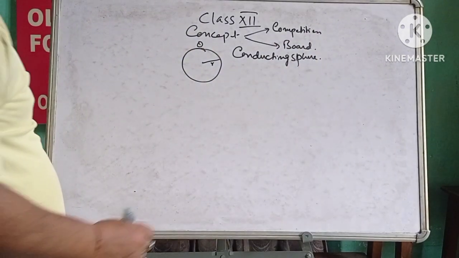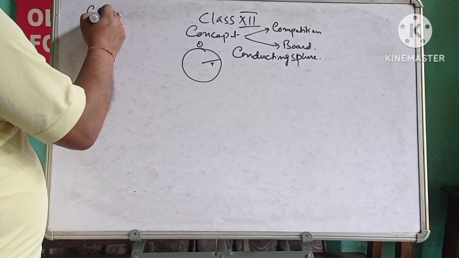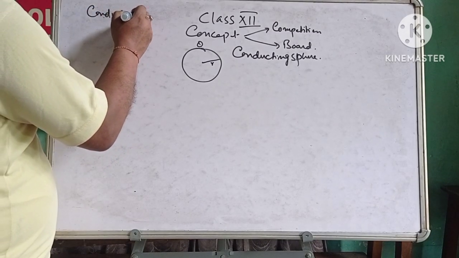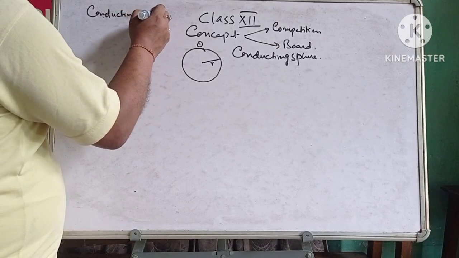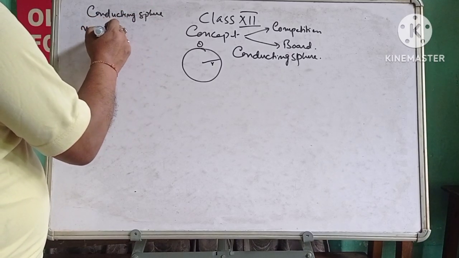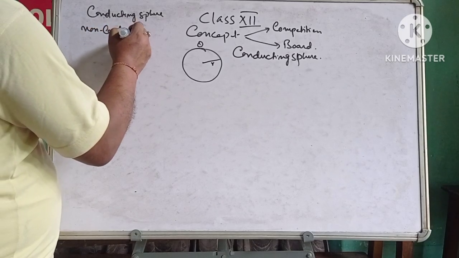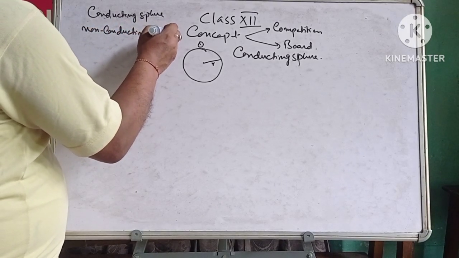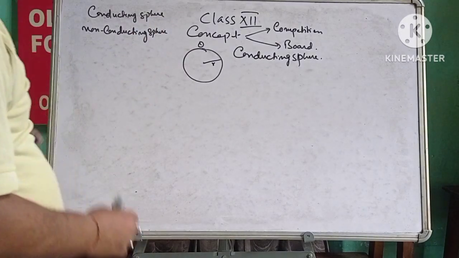Here two cases are there. One is conducting sphere, and another is the non-conducting sphere. Two cases: conducting sphere and non-conducting sphere.